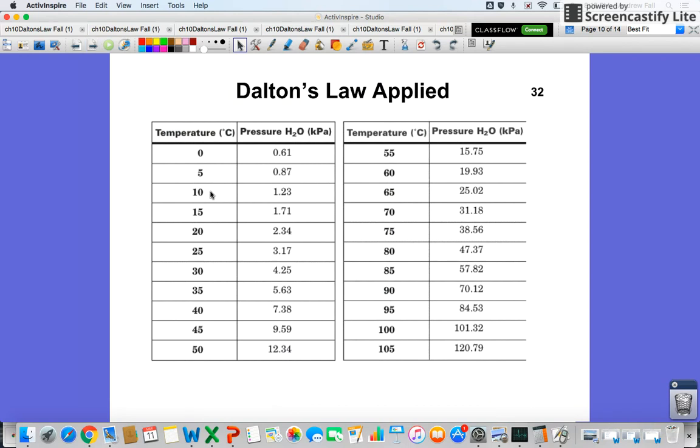The higher the temperature, the more water vapor is formed, and the higher pressure you'll get that results from the water vapor. And you can see that it increases here, and it gets really high. And notice that at a temperature of 100 degrees, which we know is water's boiling point, it has a pressure of 101.32 kilopascals, and that's atmospheric pressure.